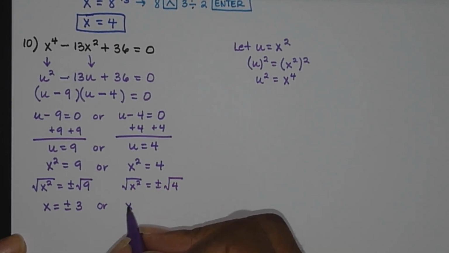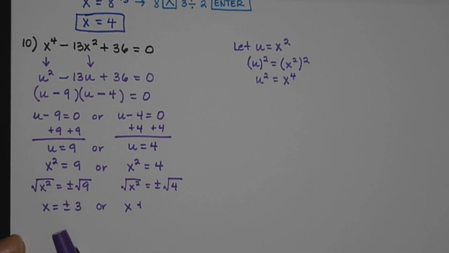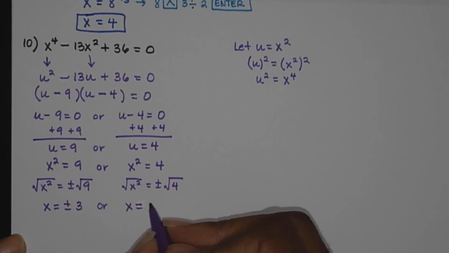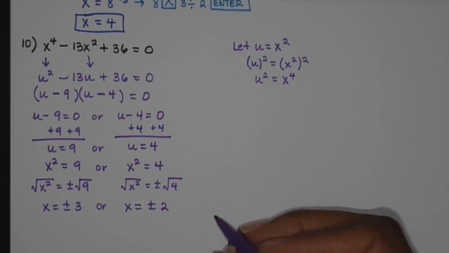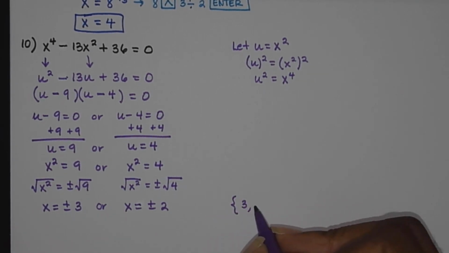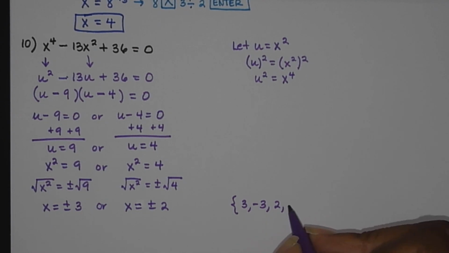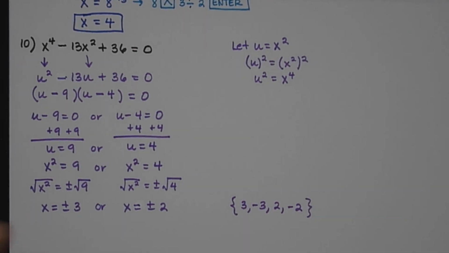Include the plus or minus symbol. That means x is equal to plus or minus 2. Okay, so here I have 4 solutions to this equation that's quadratic in form. 3, negative 3, 2, negative 2. Again, they don't have to be in any particular order. Are there any questions about problem number 10?